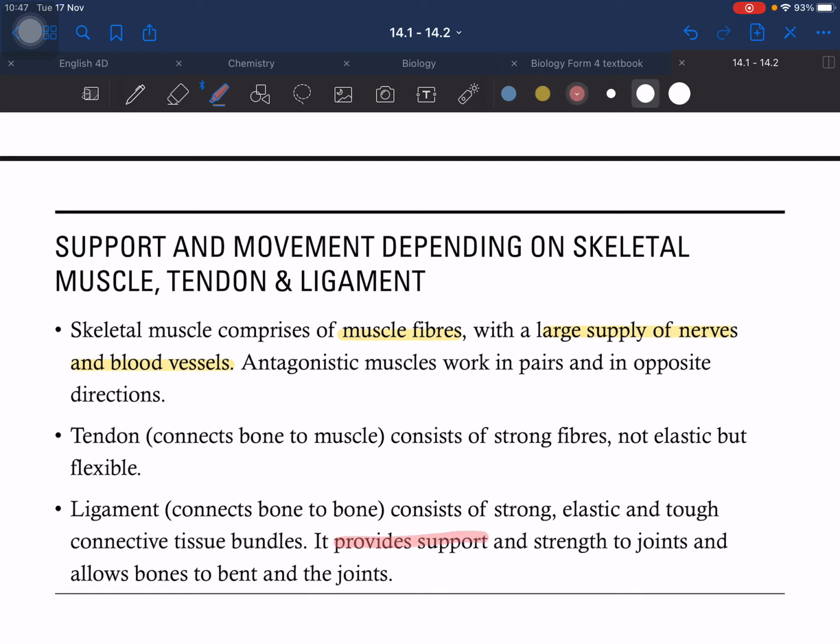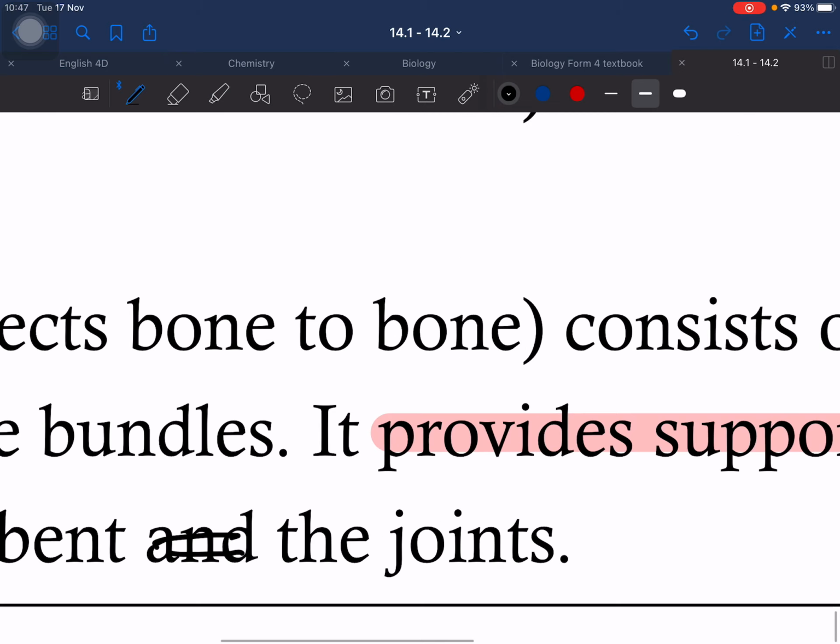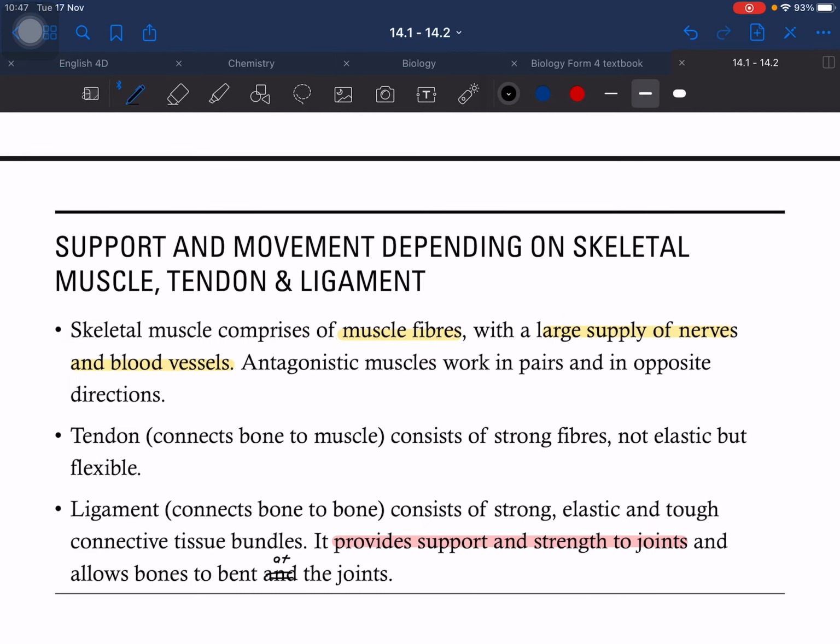Provides support and strength to joints and allows bones to bend at the joints. Sorry, typo. Right. And that is the end of 14.2.